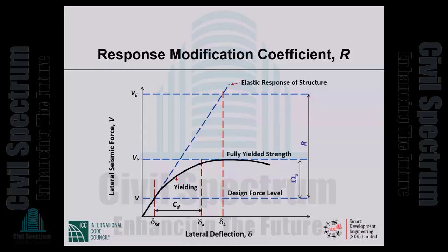Omega sub zero is something totally different. Let us say the analysis that gave us delta sub xe at floor level x also gave us 100 foot kips of bending moment at the support section of a beam.